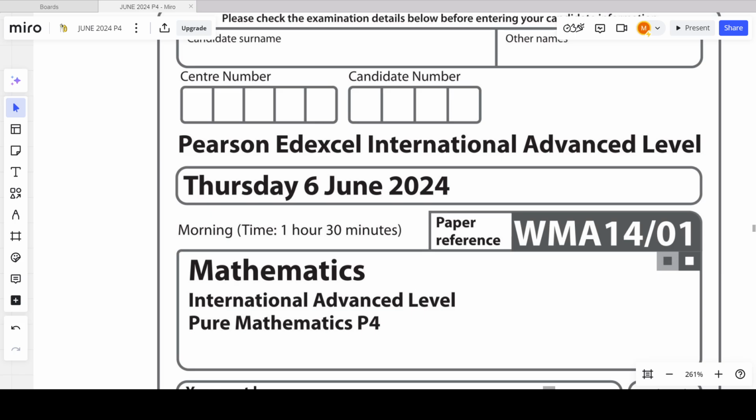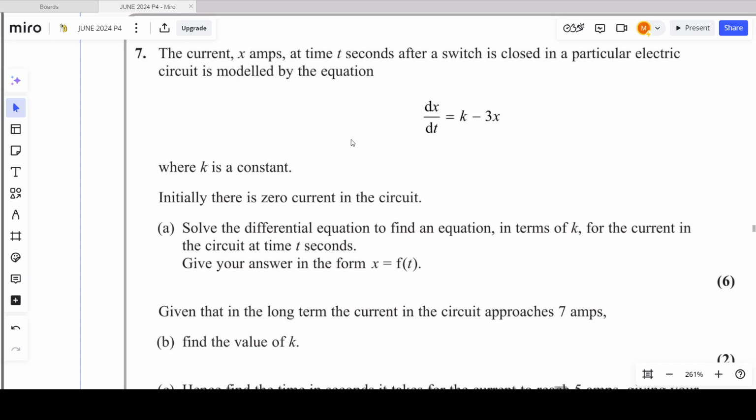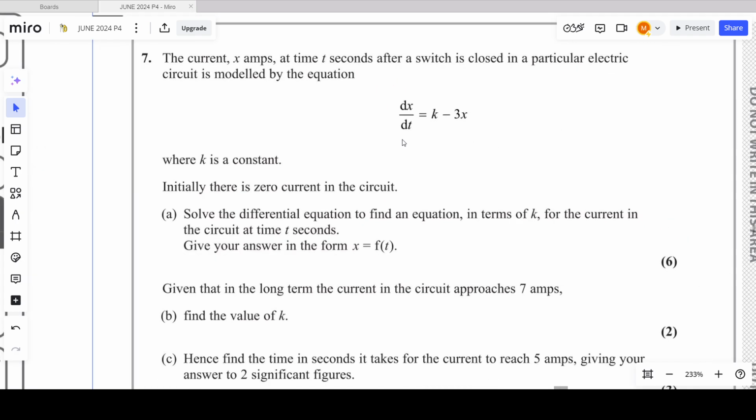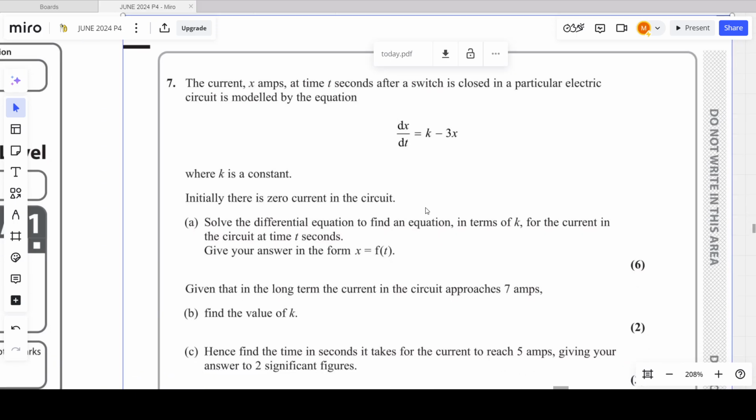In this video we will be solving question number 7 of the June 2024 P4 paper. Let's see the question. The main topic of this question is differential equations.